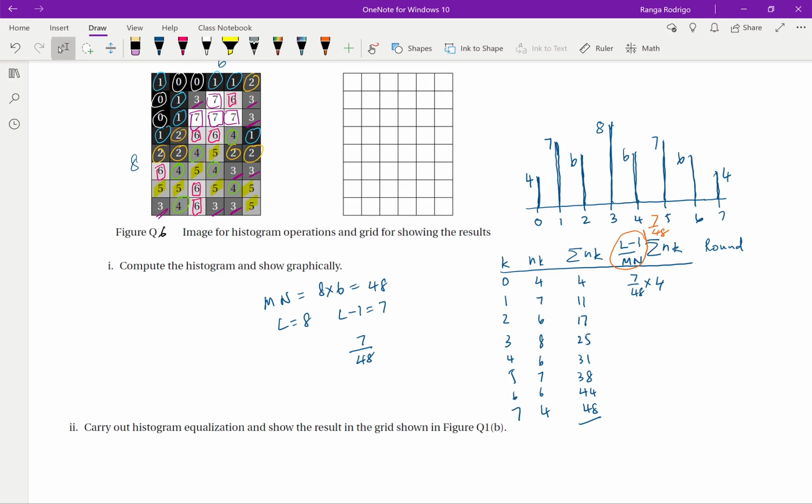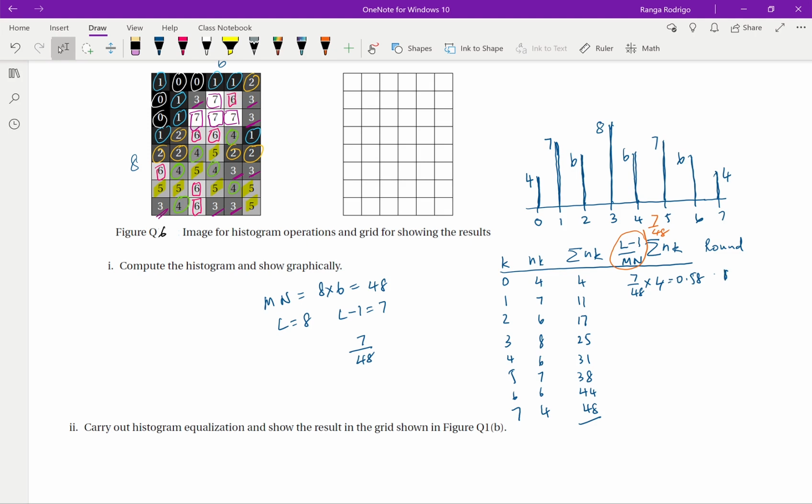So now each of these numbers, like 4, get 0.58. So approximate value is nearest integer is 1 here.